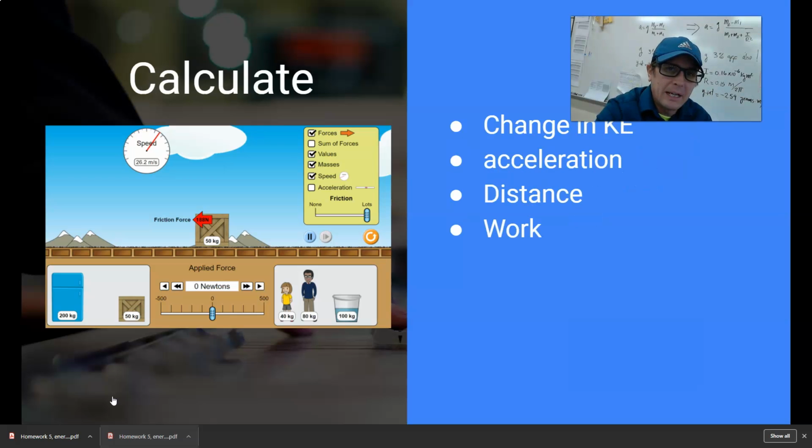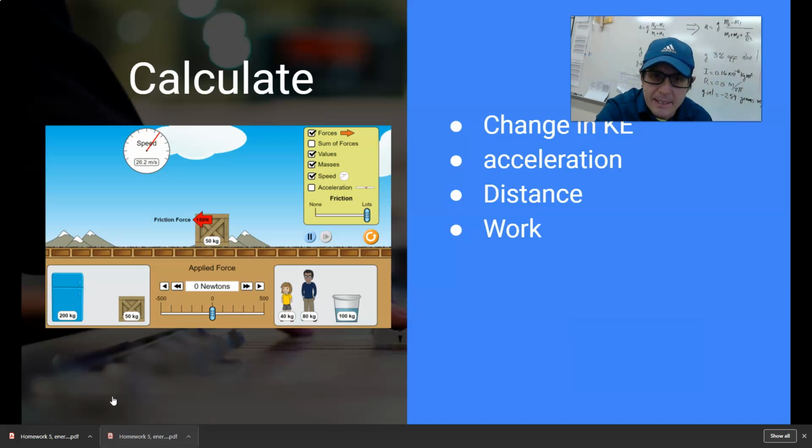You are going to calculate the change in kinetic energy, as I told you, which is negative the initial kinetic energy. The acceleration of the object: if the crate is 50 kilos and the friction is negative 188, the acceleration is negative, I think it's 3.75.